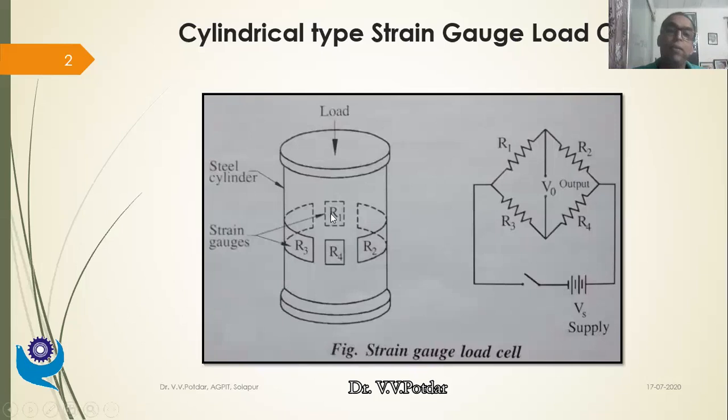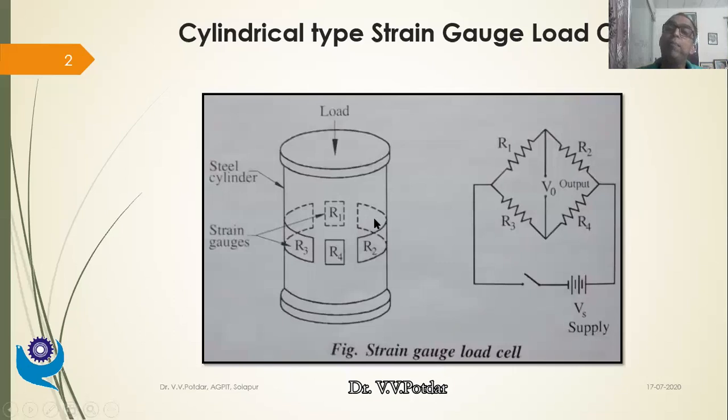The lateral strain gauges will be subjected to plus mu epsilon, because it is a lateral strain.